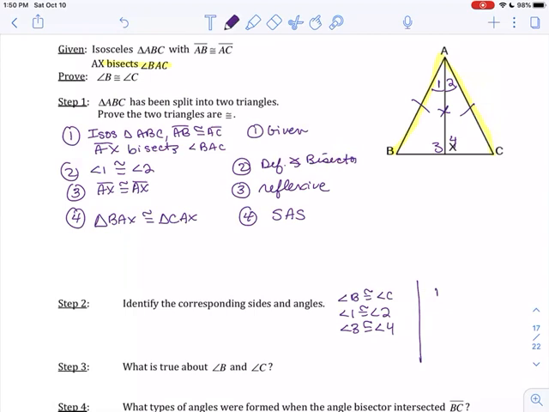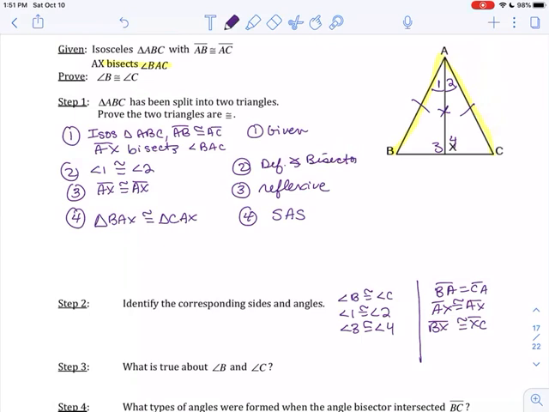And angle 3 is congruent to angle 4. So those are my corresponding angles. And my corresponding sides are BA congruent to CA, and that one I already knew from the given. AX is congruent to AX. Both of them have AX in them. And then on the bottom, BX is congruent to XC. So those are all my corresponding sides.